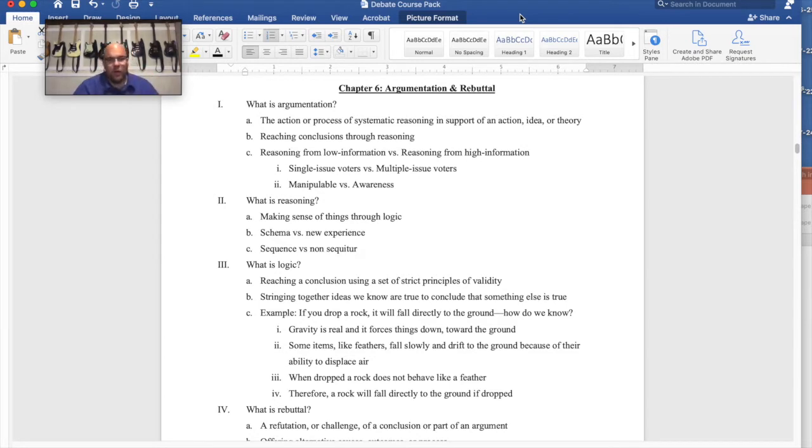While this word argumentation seems formal, it can be, but it doesn't have to be. So I want you to just look at these potential definitions. One, the action or process of systematic reasoning in support of an action, idea, or theory. This sounds really complex, but it's not.